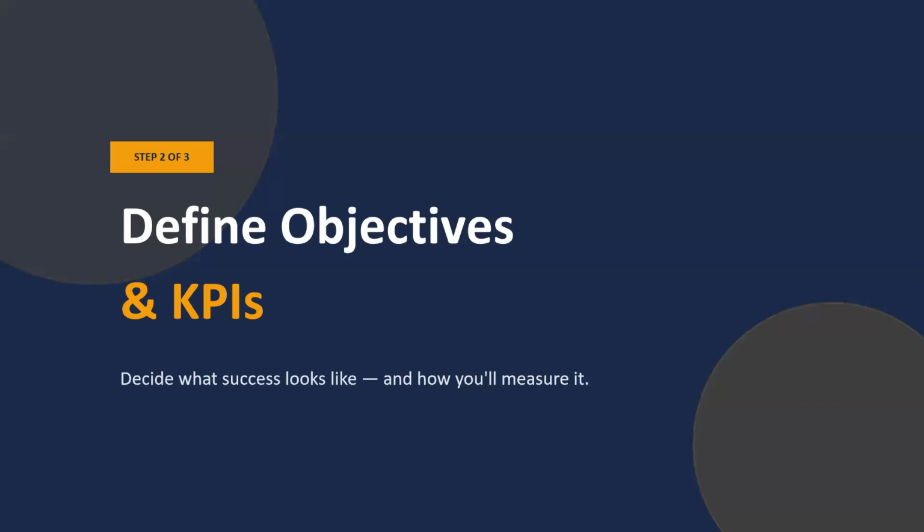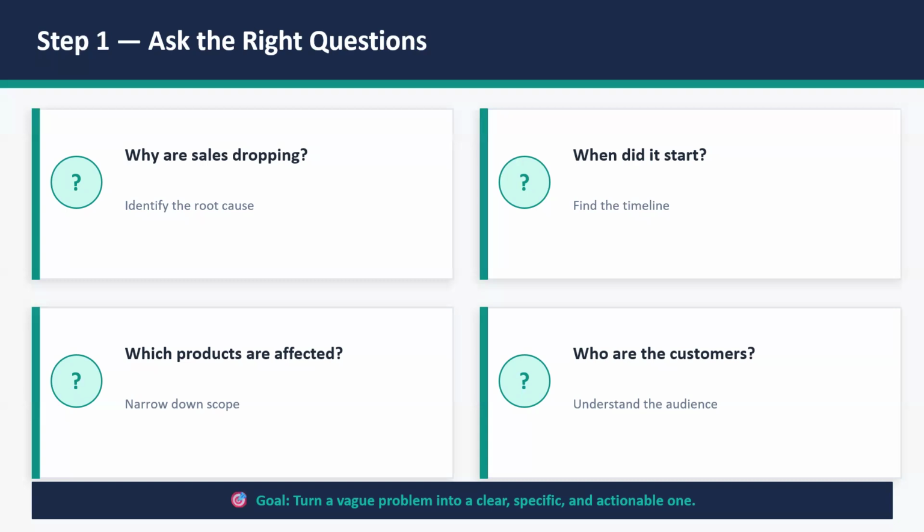Okay, I wanted to ask, if I were to give an example here, like so far, how you explained, let's say maybe, why are the sales dropping?